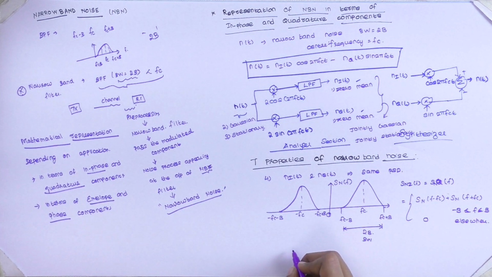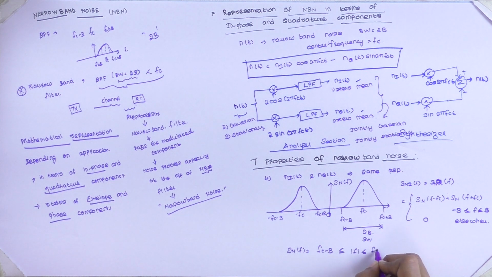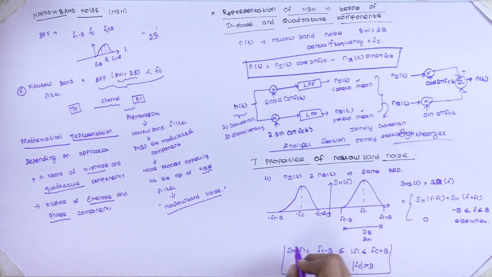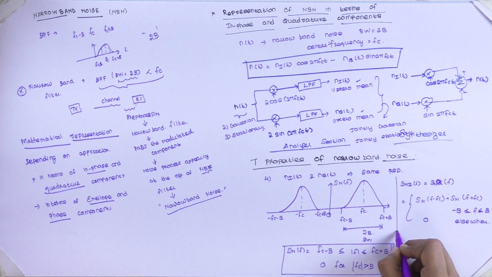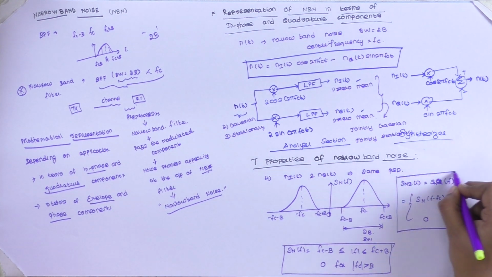Therefore, Sn of F is defined for Fc minus B less than or equal to F less than or equal to Fc plus B, and 0 for F outside the band. So, this is the power spectral density formula for the in phase and quadrature components.